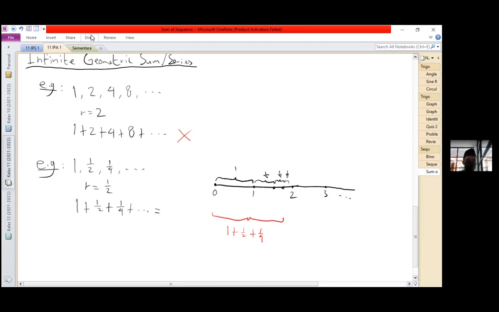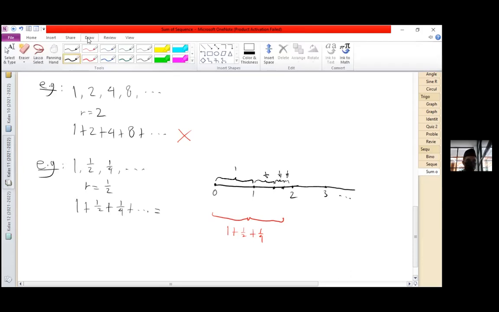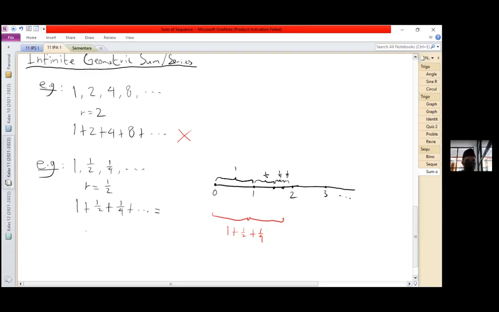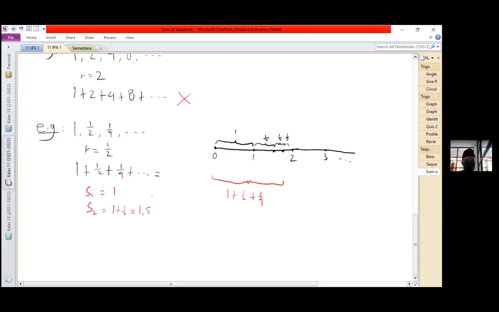So let me write that down. So from 1, we start from 1. So S1, S1 is 1. S2 is 1 plus 1/2. This is 1.5. And then if we add 3 terms, 1 plus 1/2 plus 1/4, this is equal to 1.75.